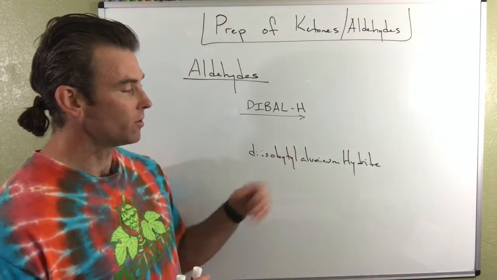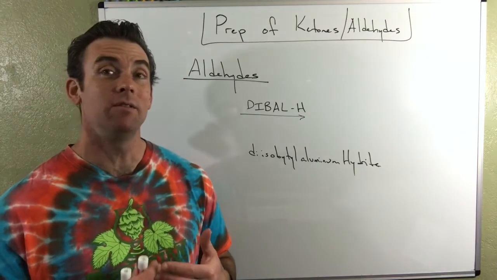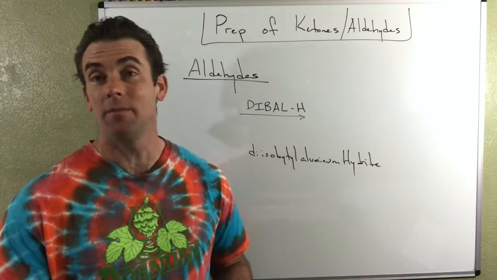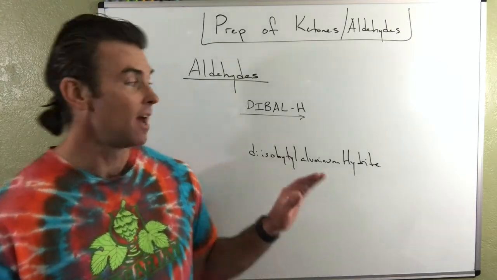The diisobutyls are there to lower the reactivity so that we aren't going to see the typical products from these reductions, right? They're not going to go all the way to the end of the line.